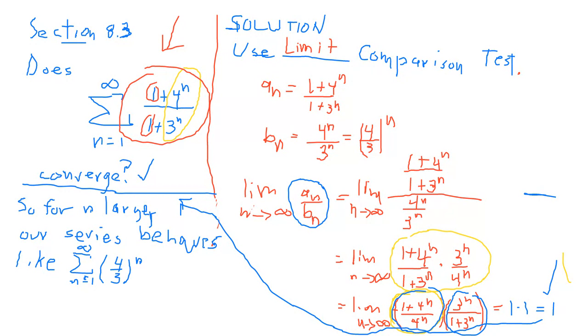Because remember, 4 over n divided by 3 over n is the same as 4/3 to the nth power. So when n is large, our series behaves like this series here, this geometric series.